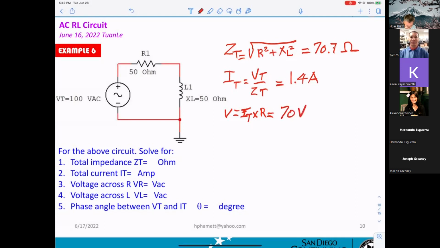That is correct. VL equals I total times XL, same thing, right? Yes.